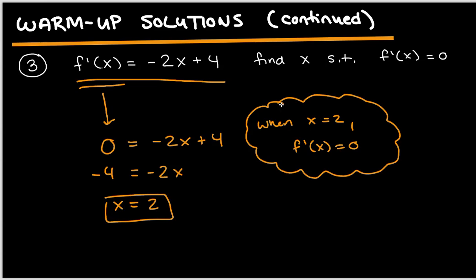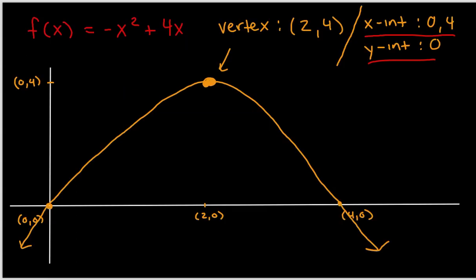Okay, now keep that in mind, and let's look at what's happening at x equals 2 on our graph of the function f. So here we are back at f's graph, and when x equals 2, we get our vertex, we get our maximum value.